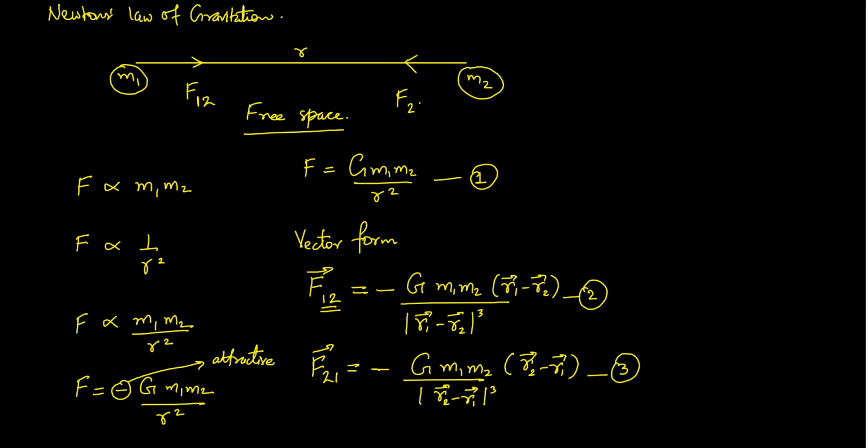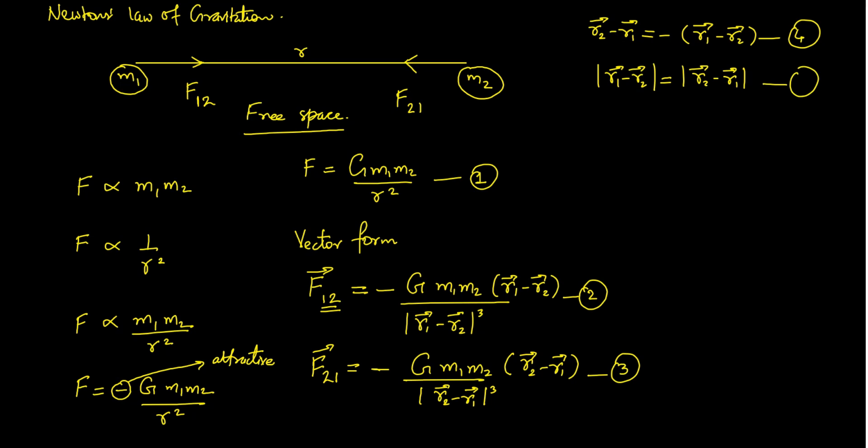How come? Can I write the vector r2 minus r1 as minus of (r1 minus r2) vector? Yes or no? Okay. In the same way, the modulus of r1 minus r2 will be equal to the modulus of r2 minus r1, because it is the distance between two points. Let's say this is equation number 5. Now I am using equations 3, 4 and 5.